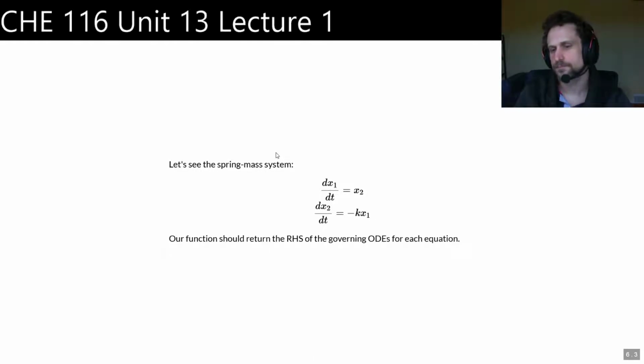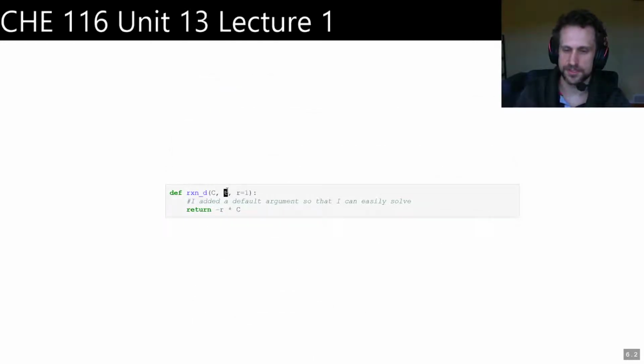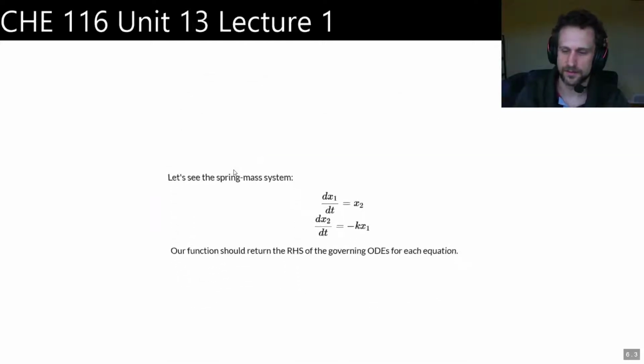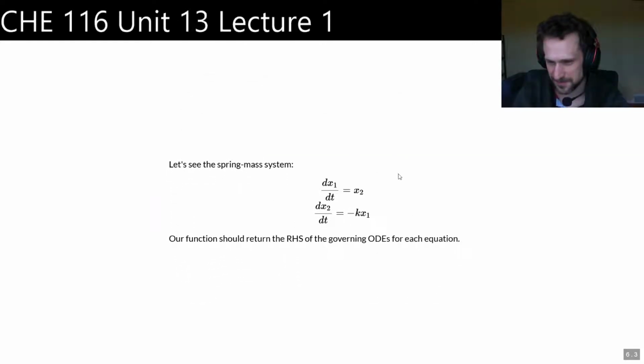Sorry, I'm getting this wrong. The output number of dimensions has to equal the dimensions of x. You know what, I'm not even going to say it. We're just going to see from the example what it looks like.